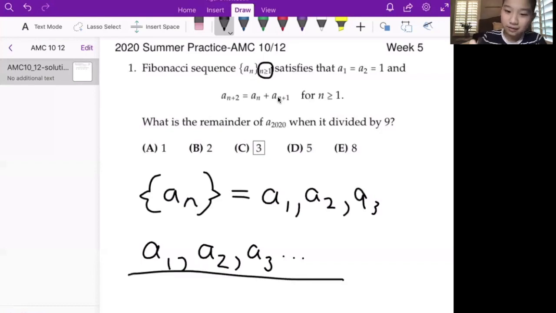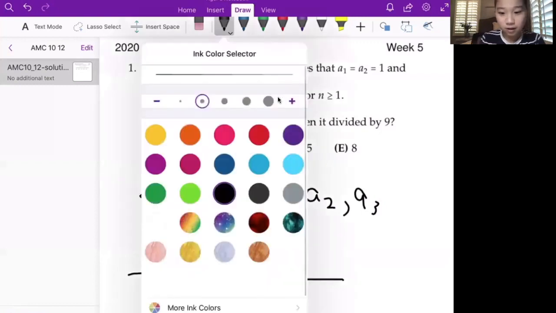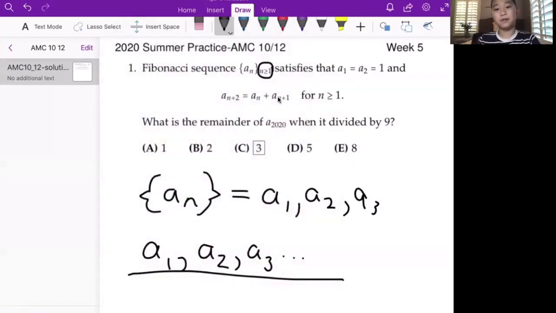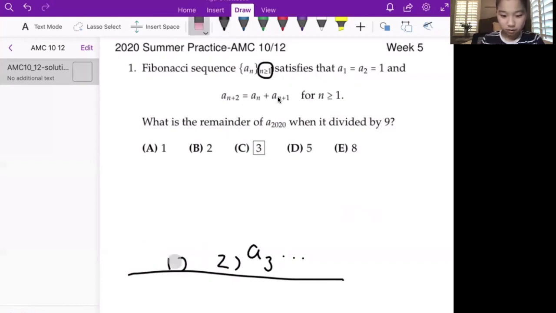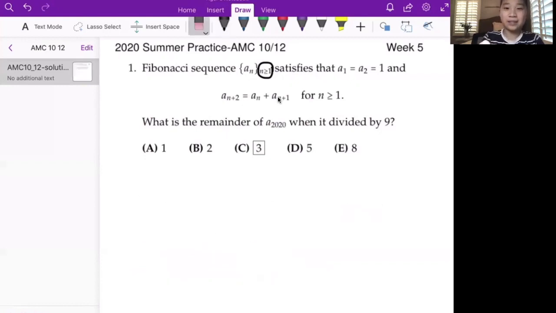And then this is a recursive sequence. That means there are two parts to it. One part is the base case, and that's very important, but sometimes underrated. So the base case, it's stated here, a1 equals a2 equals 1.